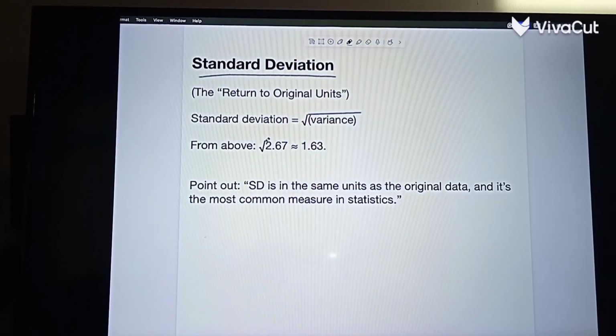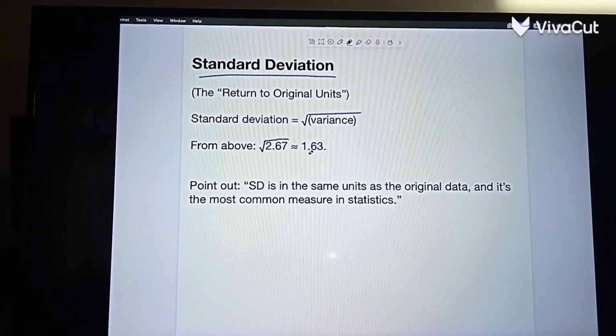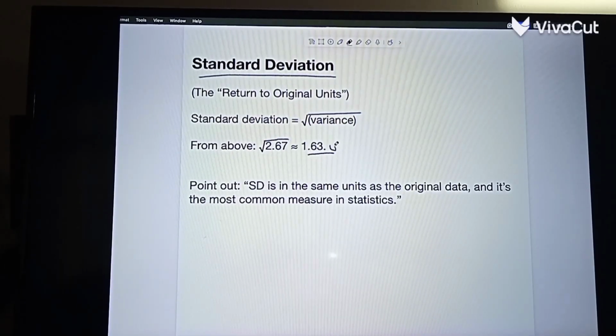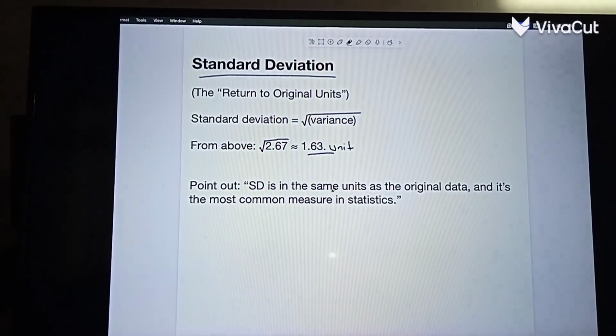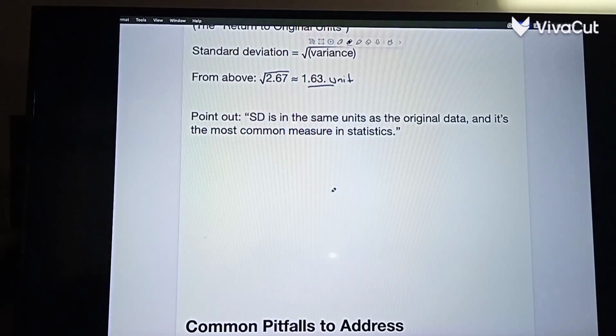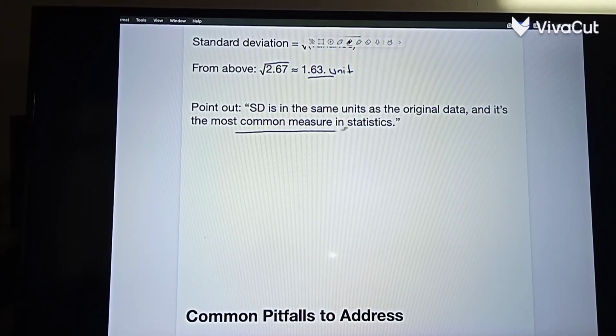When you take the square root of the variance, it will also take the square root of the unit, and this will be the unit alone with it. Suppose in this case it was kg, then you will write 1.63 kg with it. So standard deviation is the most common measure in statistics.